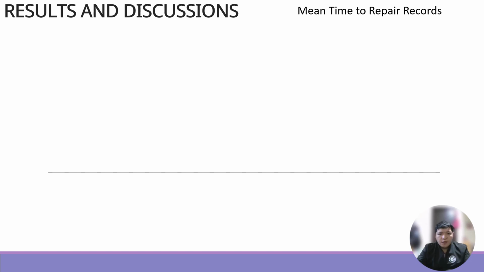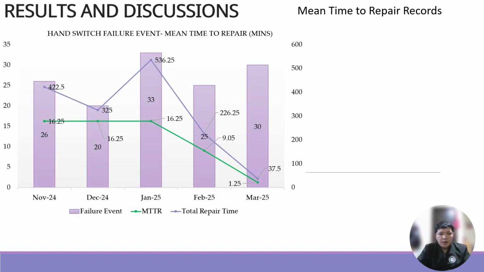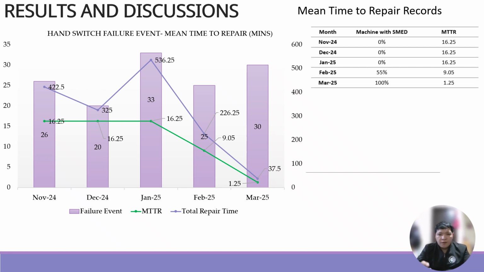So for the MTTR or mean time to repair records, we have here the hand switch failure event, the mean time to repair in terms of minutes, and the records of the percentage of machines with the application of SMED and its MTTR.